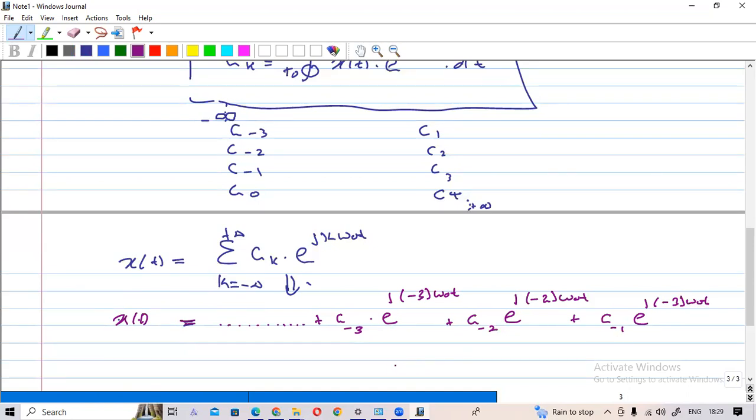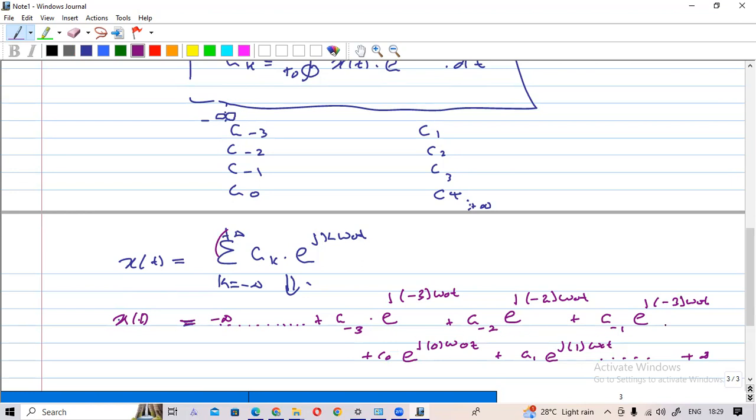Okay, and also C naught e to the power j, k is 0, omega naught t, plus C1 e to the power j1, omega naught t, so maybe up to plus infinity and maybe up to minus infinity. So if I expand this expression, I will get this kind of one.